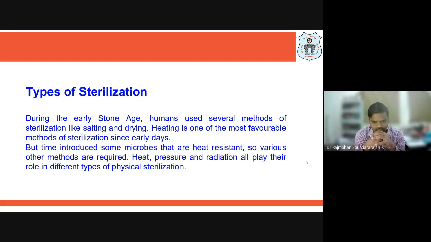Okay, and then heating has been one of the most favorable methods of sterilization since the earlier days. But with time, some heat-resistant microbes were introduced, so various other methods are required. Heat is one parameter; pressure and radiation are the others. All these three play a role in different types of physical sterilization techniques.